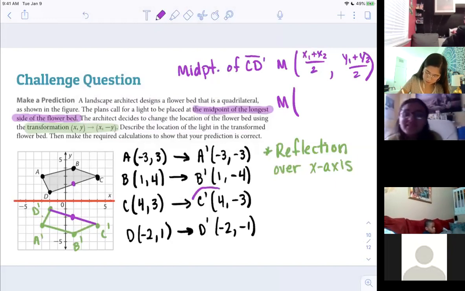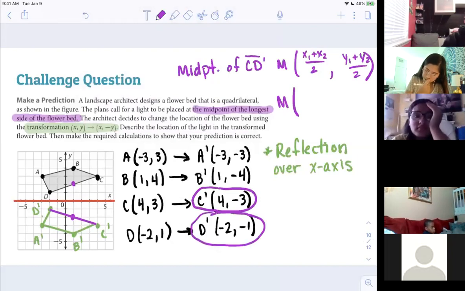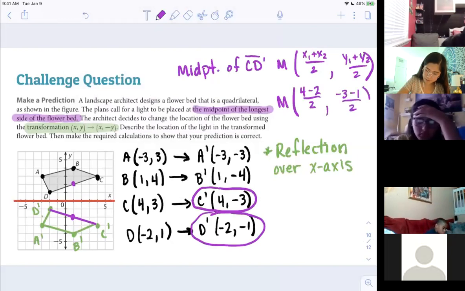For x1, I can write 4, x2 is -2, so this is 4 minus 2 over 2. And for the y coordinates, I have -3 and -1 over 2. That's 2 divided by 2, and -4 divided by 2. 2 divided by 2 is 1. -4 divided by 2 is -2.